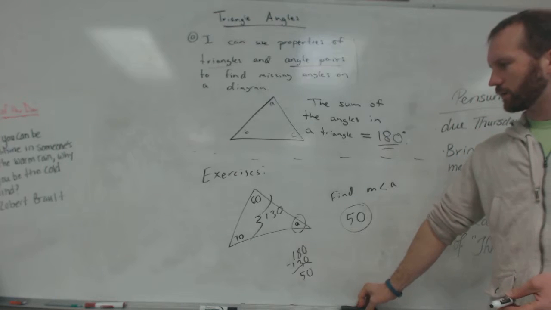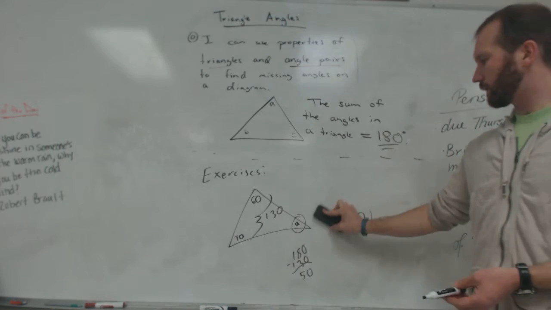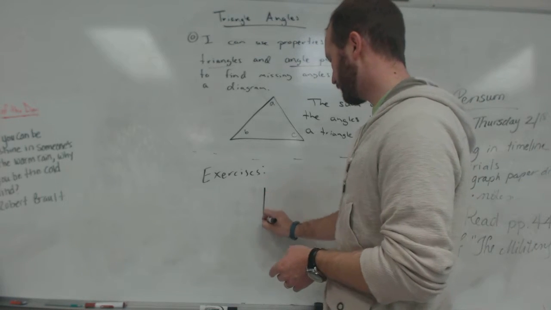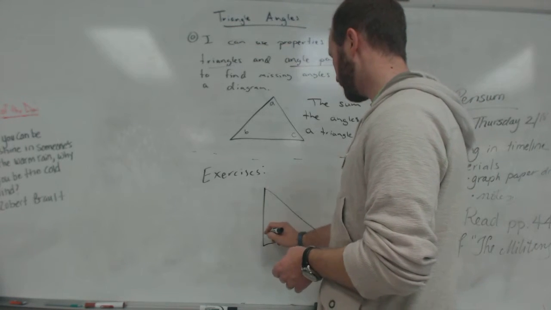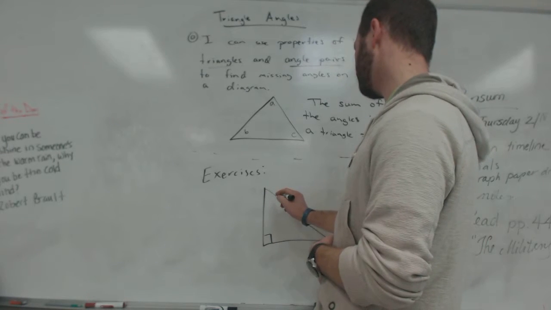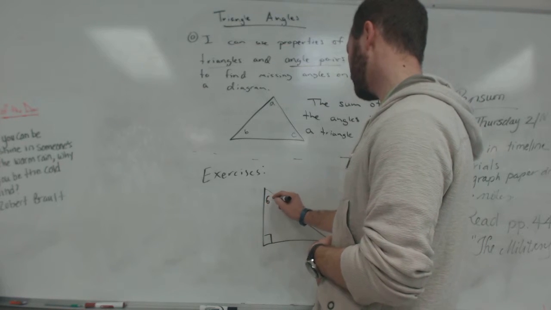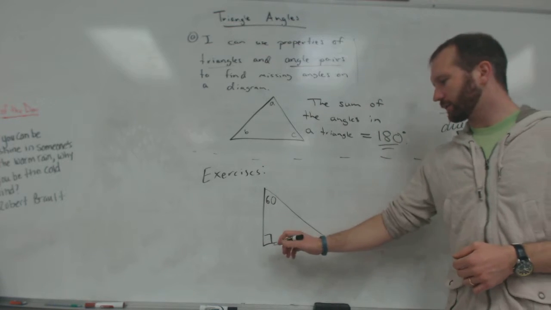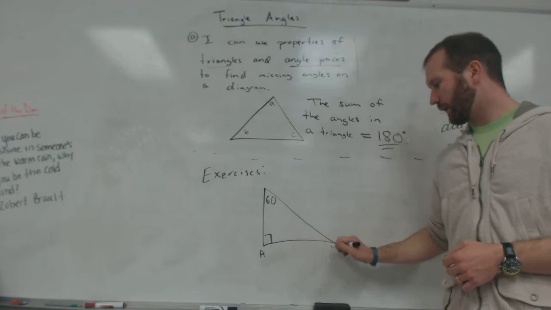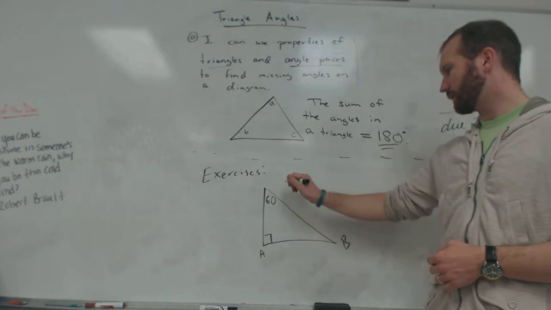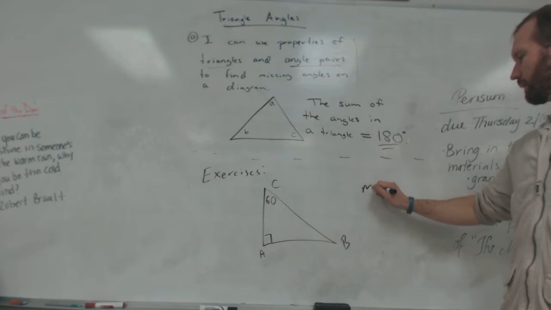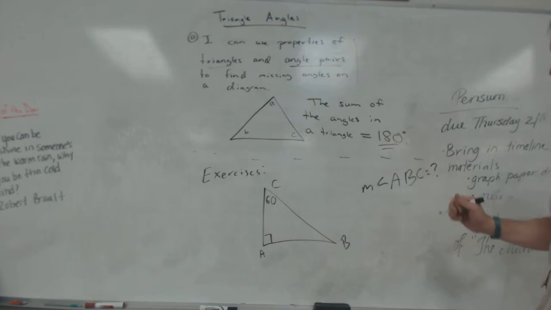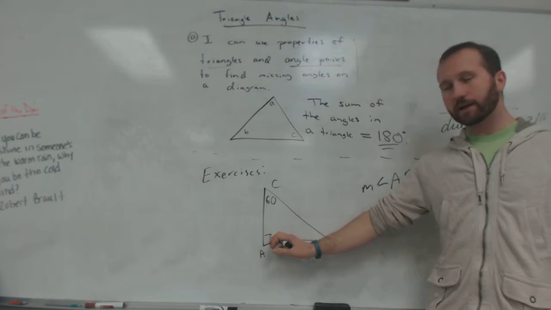Let's say someone gives you this, and they say find, let's give this one a label, A, B, C. So what is this angle right here?